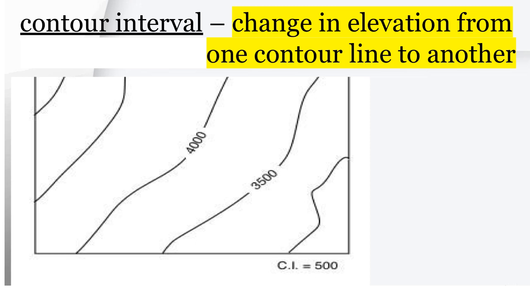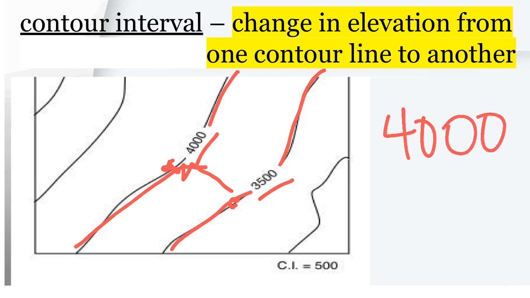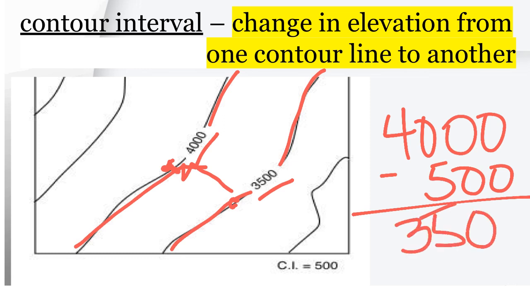So if this contour line is 3,500, let's say feet above sea level, then as I go from this point to this point, I'm going to go up in elevation 500 feet, because this is 3,500 and this is 4,000. If you take 4,000 minus 500, you get 3,500. That's the difference, and we're talking about elevations. We're literally going up in elevation, not just going from one location to another on the map.